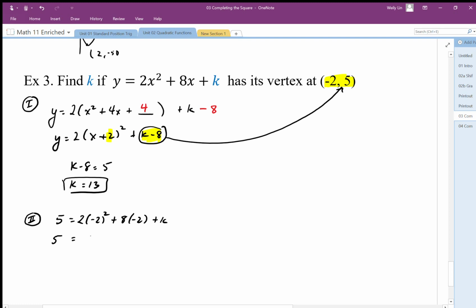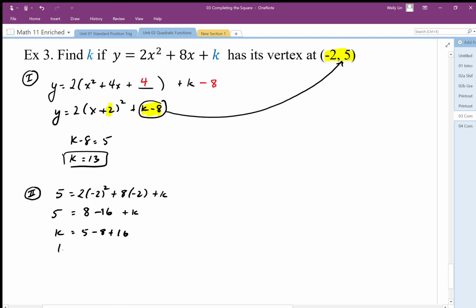So I get 5 is equal to 8 minus 16 plus k. Solving for k, it's 5 minus 8 plus 16, and I get k is equal to 13.